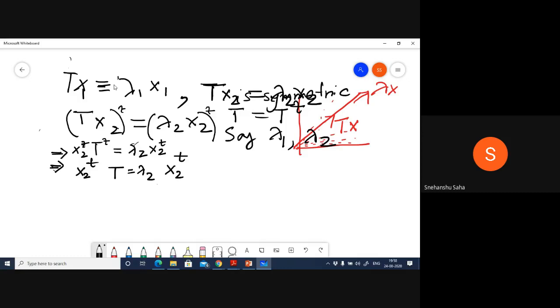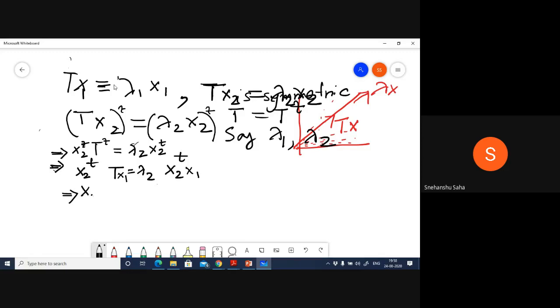Okay, so far so good. Now I will multiply on the right by the other vector x1. So I will have an x1 here and an x1 here. Why I did that will be clear in a minute. Let's look at this in the next line.